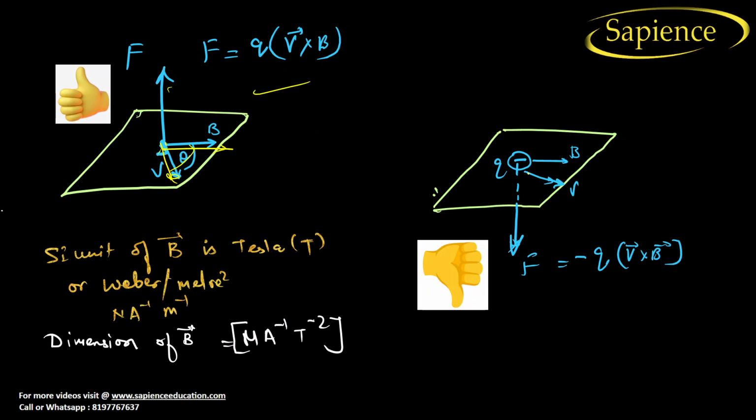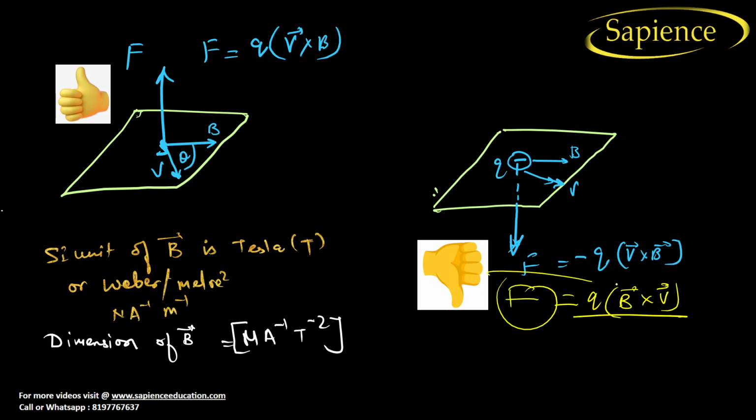Now, if this is a positive charge, q is positive, but if you take q as negative, it will be negative of v cross B. Negative of q (v cross B) means the direction is reversed. So this is the force direction. I hope you have understood this.